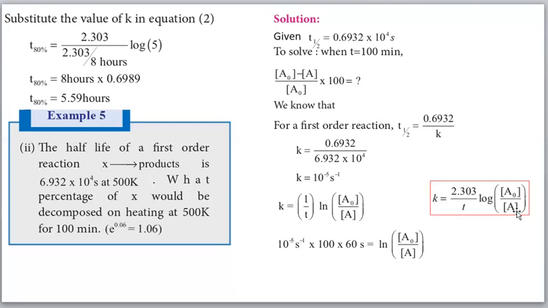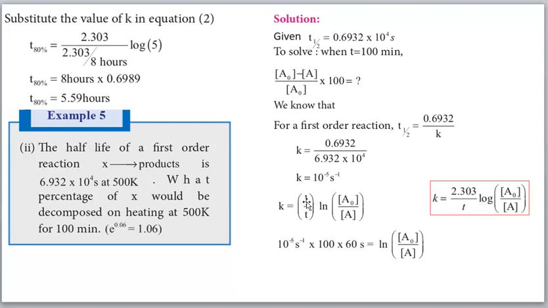This is the expression for the rate constant: K is equal to 2.303 by t log A0 by A. When we change natural log into common log, we have to multiply with 2.303. So instead of 2.303 and log, we can write ln, natural log.